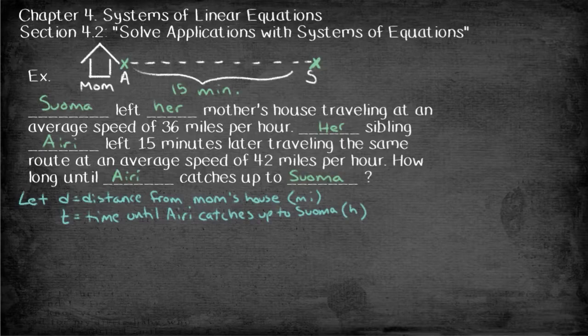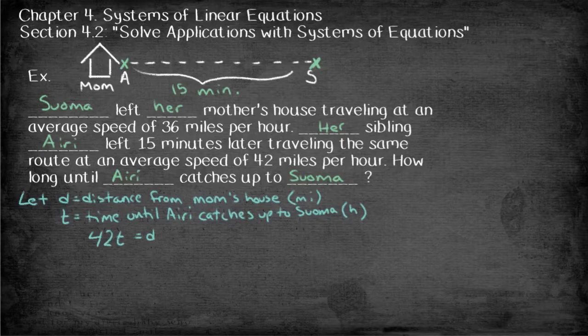Alright, so since Irie is traveling 42 miles per hour, we know that the rate times the time gives us the distance, so 42 times t, which is the time until she catches up, equals d, the distance from the mom's house when Irie catches up.